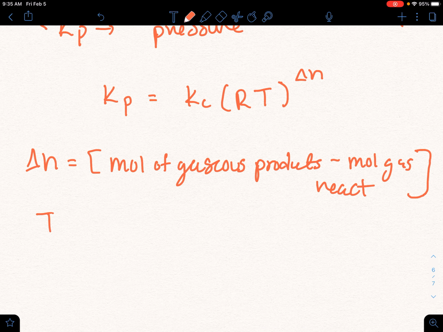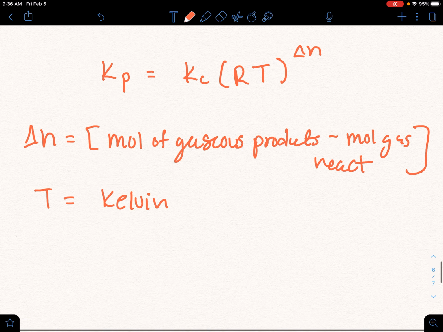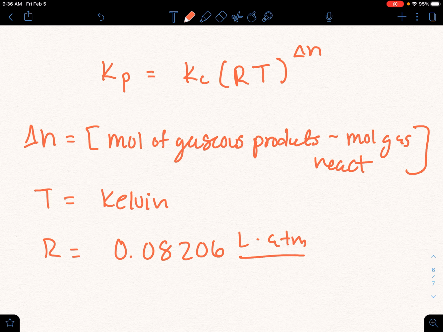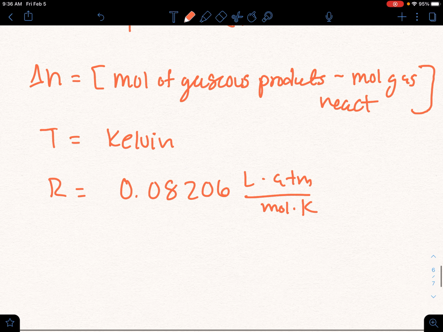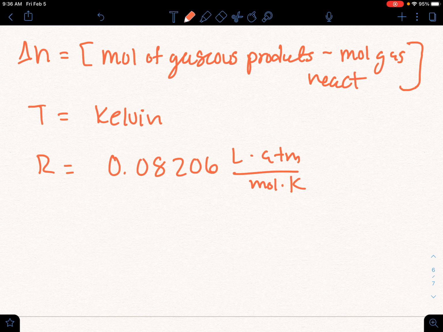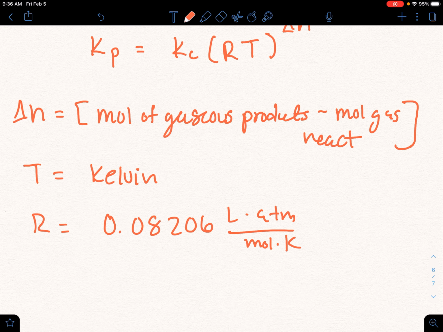T is temperature in Kelvin always. Your R is going to be your gas constant, which is 0.08206 liter atmospheres per mole K. Remember your units. We have moles, we have Kelvin, we got that so far. And your Kc is obviously your equilibrium constant, which you know how to calculate. And your Kp is what you're looking for, or you can manipulate this equation to do the opposite.